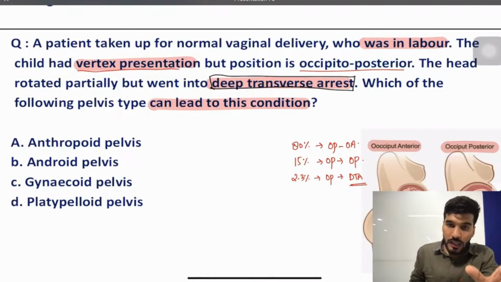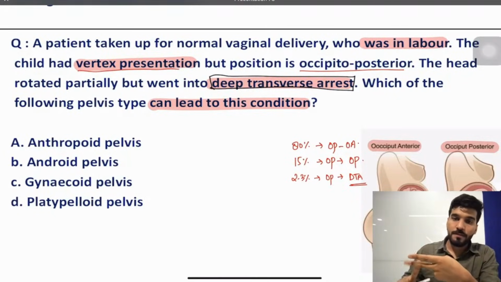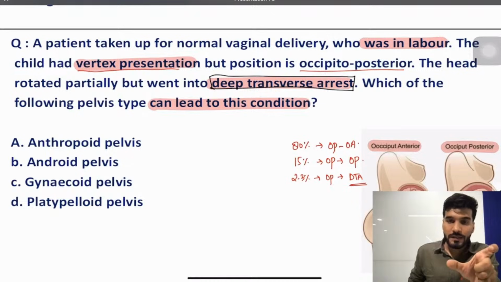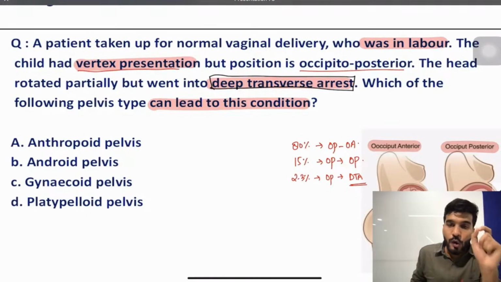I will give one keyword for the questions. You have to remember rounded cavity, transverse, oval, heart shaped, and transversely oval shaped pelvis. All these 4 things you will remember about each pelvis and which presentation will be associated with each pelvis.